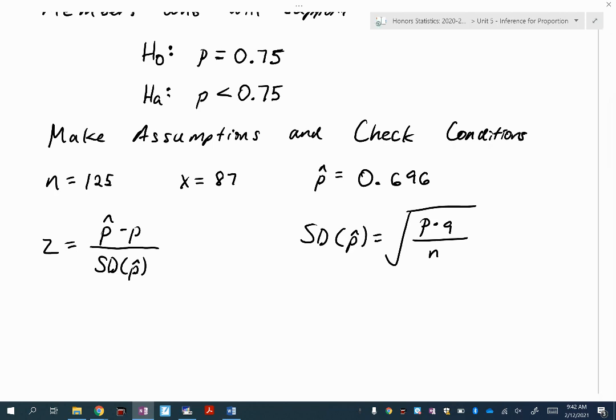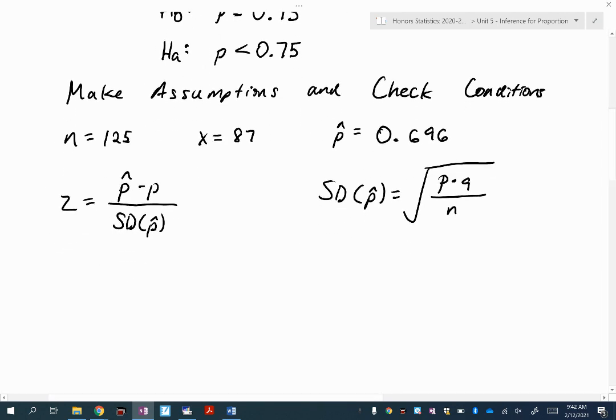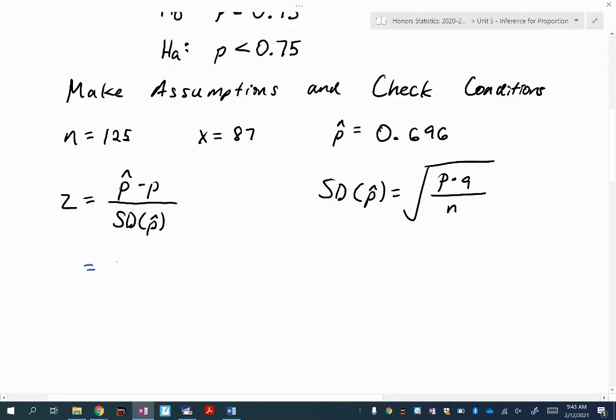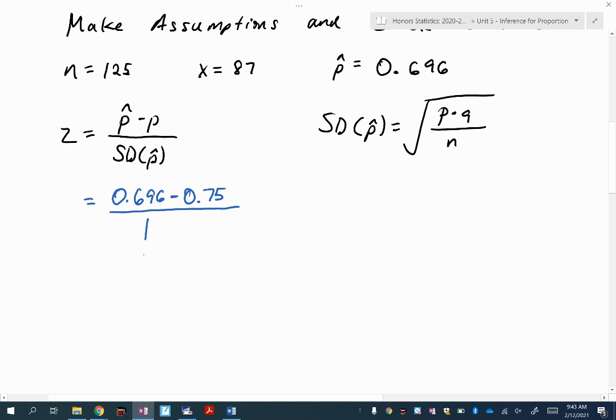You'll get these every time, so use your notes. Let's plug in what we know. 0.696 is p hat. We already said in our hypotheses that the population proportion is 0.75. So over the square root of 0.75 times 0.25 over the sample size of 125.